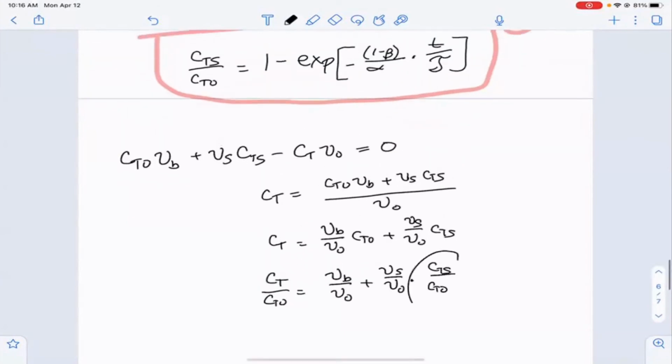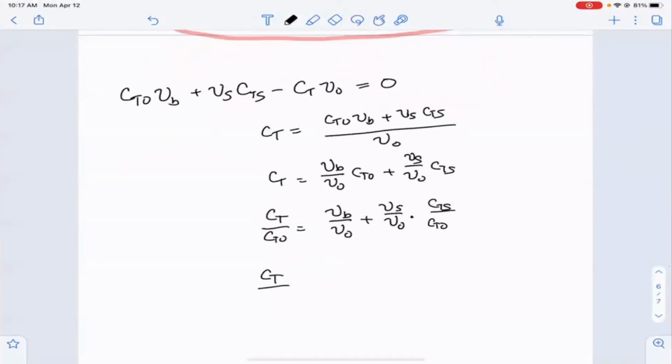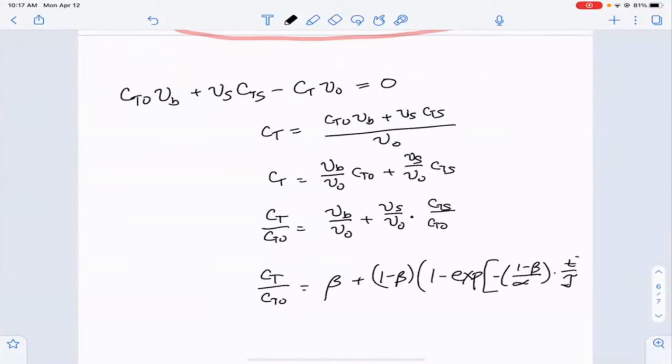The reason I did that is because we have an expression for that we spent all that time deriving just a second ago. So C_T over C_T0 equals V_B over V_0, which is just β, plus V_S over V_0, which is just 1 minus β, times C_TS over C_T0, and that's 1 minus the exponent of minus (1 − β)/α times t over τ. And I'll close both brackets there.